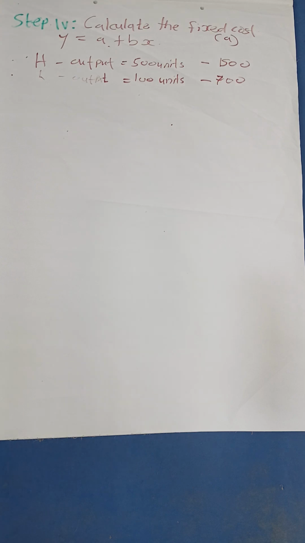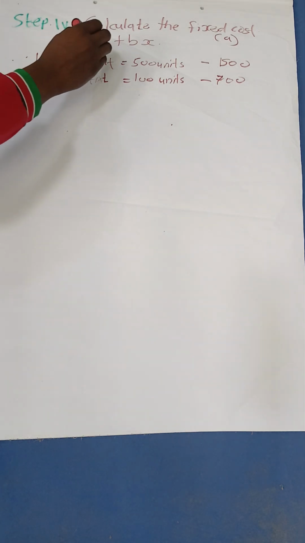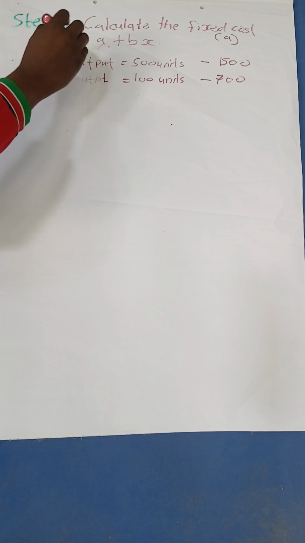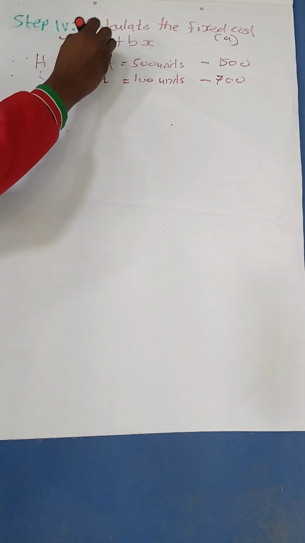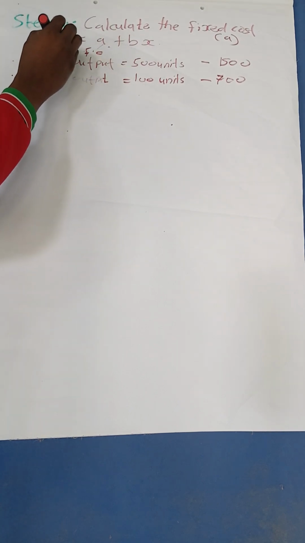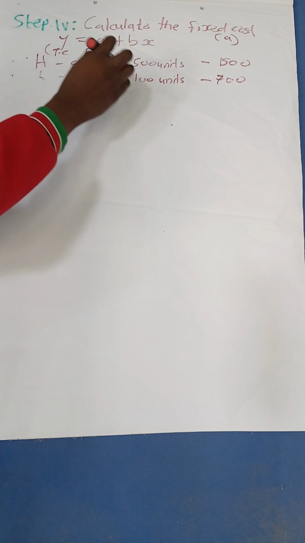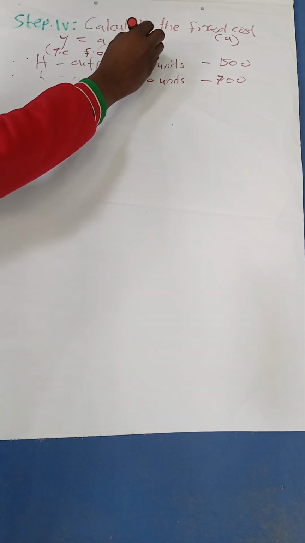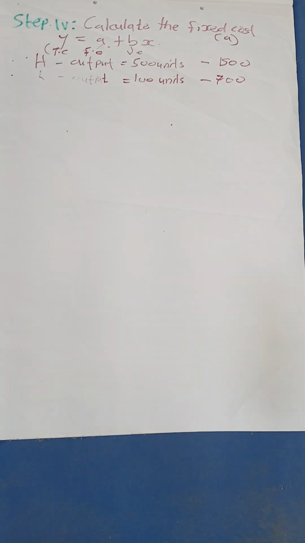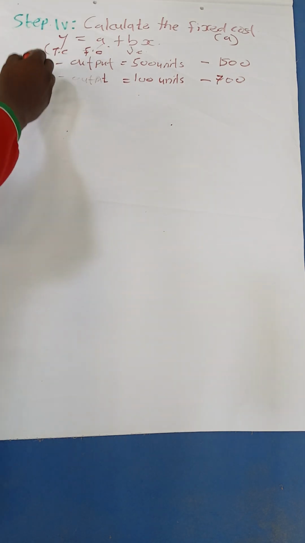Good. So to identify the fixed cost, this one here is the fixed cost, this is the total cost, and this is the variable cost. We can use either the highest or the lowest output level.